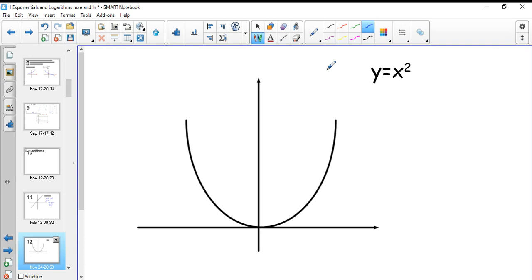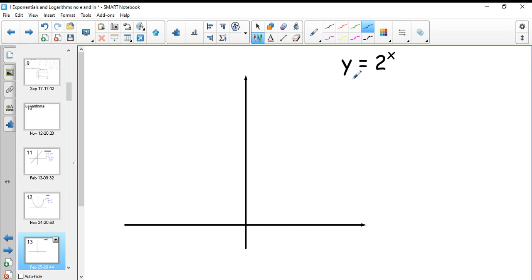And we can do that for lots of different graphs. If we know a y value, then we can solve for x. So x will be the square root of 25, which is plus or minus 5, because we know that the inverse of x squared is the square root.